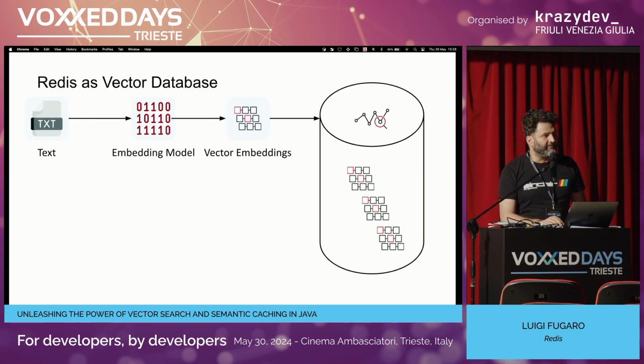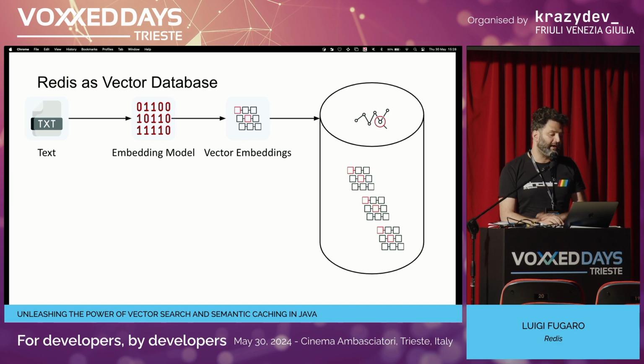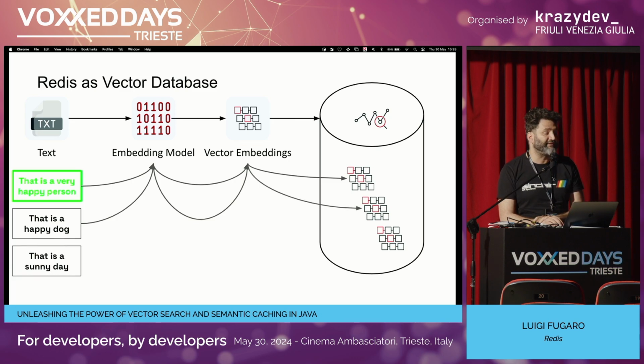Now, if I want to actually query those data, I still need an input, and the input will be again a sentence, which will be applied to the embedding model, which gives me the vector embeddings, and then I call the vector similarity search in Redis. In this case, the sentence is, that is a happy person, and in multi-dimensional space, here you can see that the one that is closer is that is a very happy person instead of just happy.